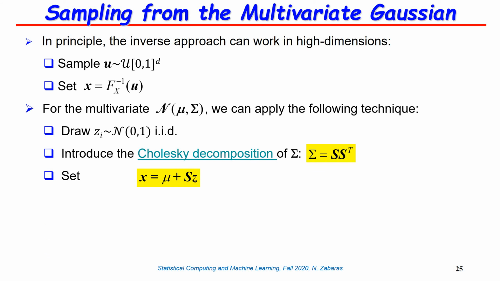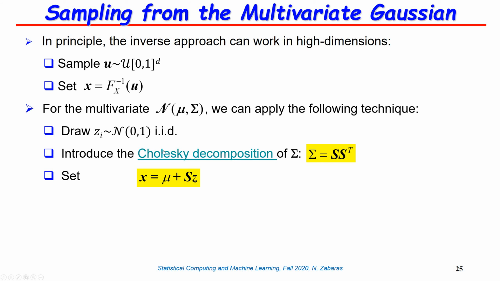And then set the following simple transformation. Remember the vector Z is a vector where each component is a sample from the standard Gaussian. Then I'm claiming that X equals mu plus SZ is actually a sample from the Gaussian with mean mu and covariance sigma.